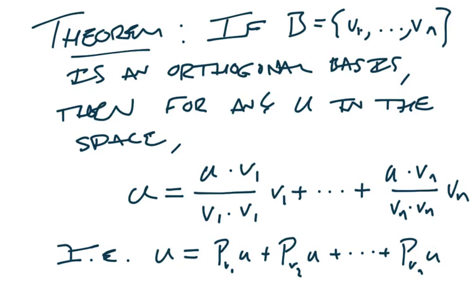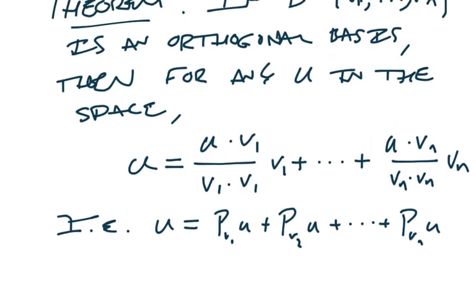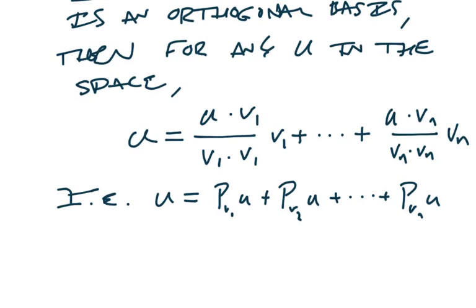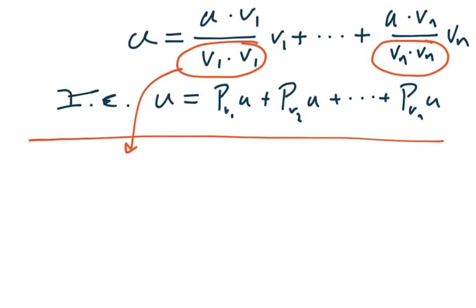And it gets a little bit cooler, because there is something that's even nicer than just being orthogonal. In particular, if you look down here, what are these denominators in our projection formula? Let me just grab one of them. V1 dotted with V1. This is really the same as the magnitude of V1 squared.